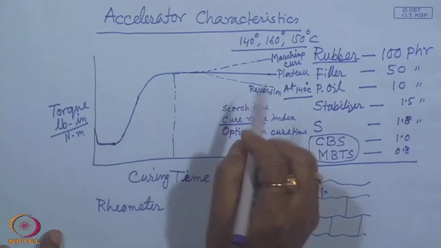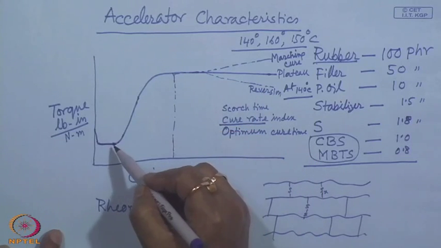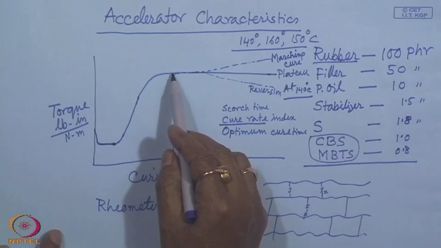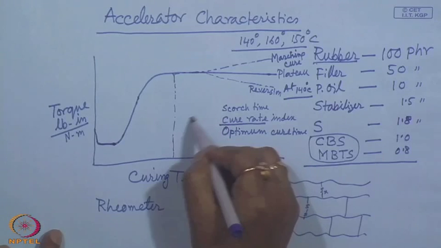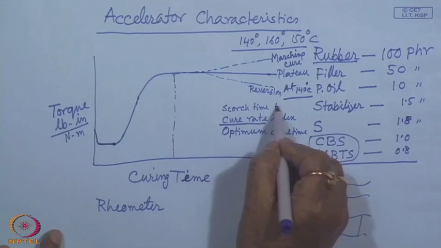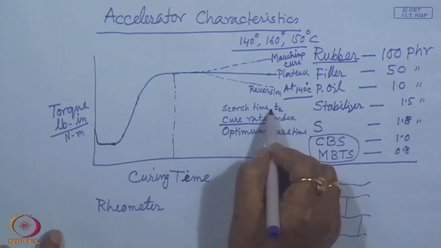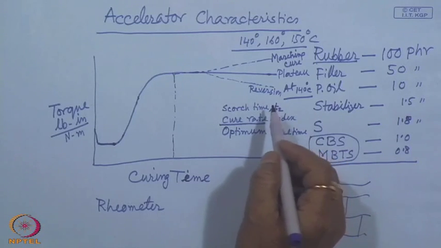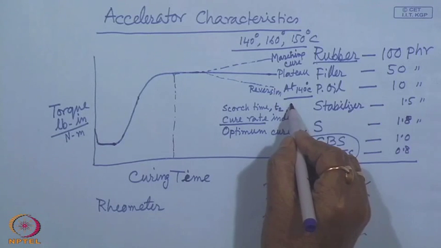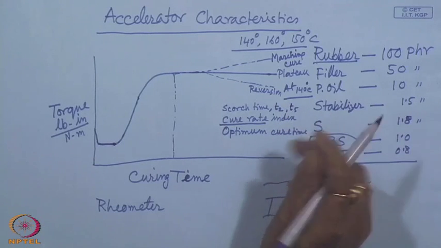the time required to achieve 2% of the maximum torque, say T2, is known as scorch time. T2 is the scorch time, the time required to achieve 2% of the maximum torque. Now, there can be T5 also, there can be T3, T4.